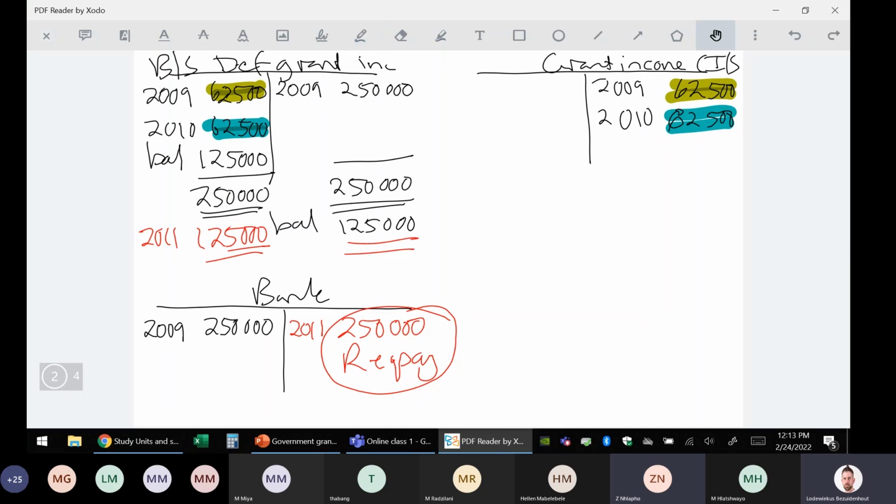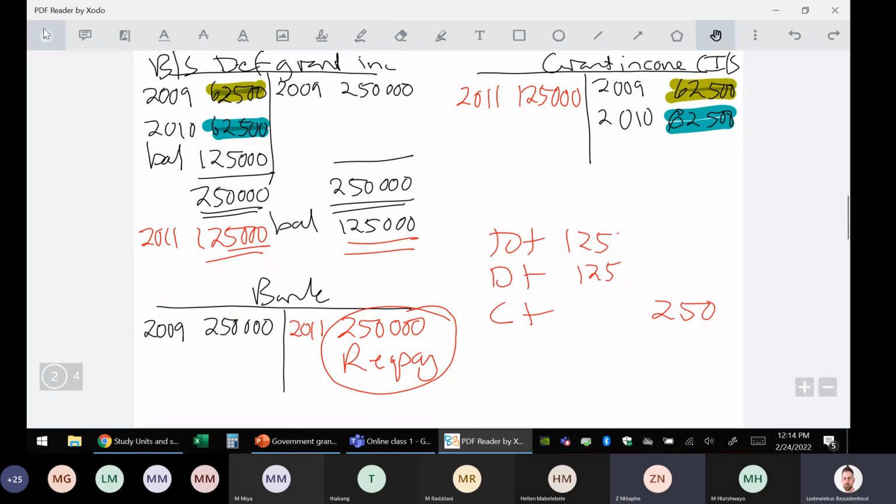And then the balance will go to the income statement, 125, either as grant expense, or we just offset it against grant income, but it will show as a grant expense because that is the only thing that is there. So you've got a debit of 125, debit of 125, and a credit of 250.